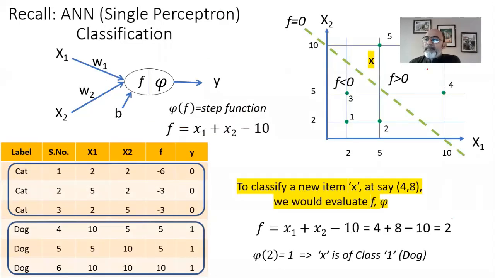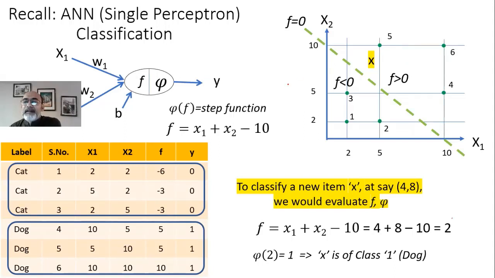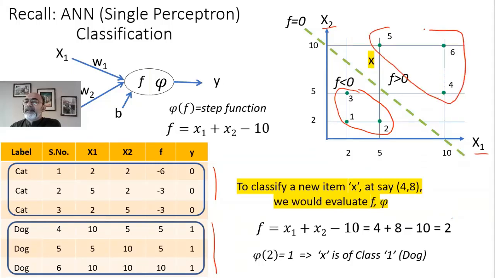So just a review over here. If you recall, this was the example of the KNN that we had studied in one of our earlier lectures, where I showed you that you have six data points which are classified as cats versus dogs. These were the cases classified as cats based on features X1 versus X2, and these were the categories classified as dogs because they had certain features which were quite different.